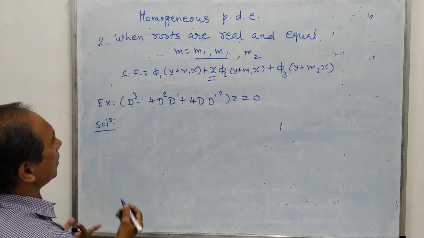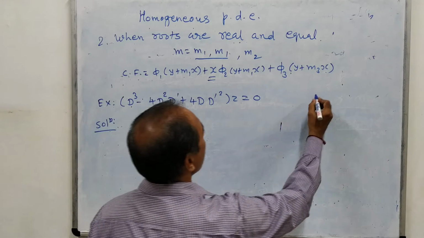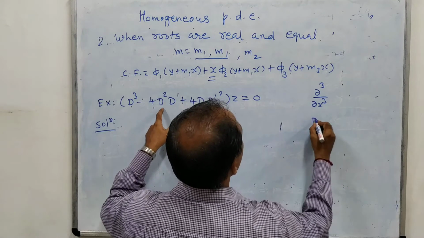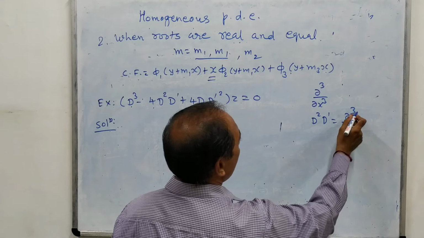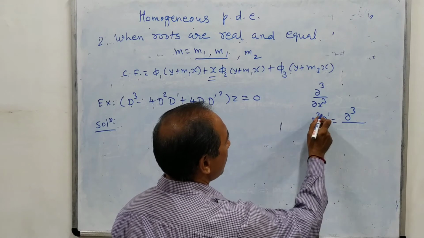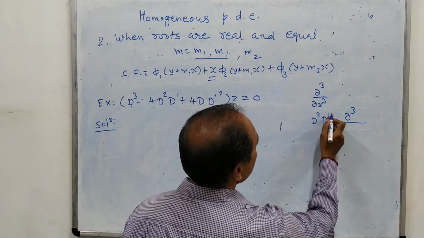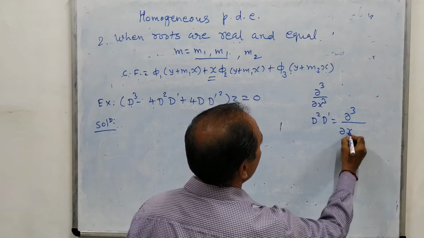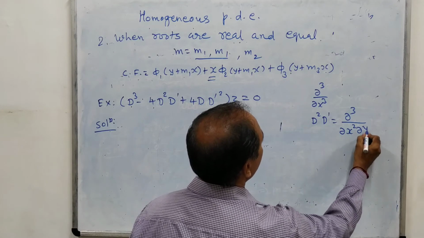For the solution, if you want, you can write D^3 as del cube by del x cube. D square into D dash means del cube; the complete derivative is third order, because D square is second derivative and D dash is first derivative. So D square means with x square, 2 times with x and 1 time with y.